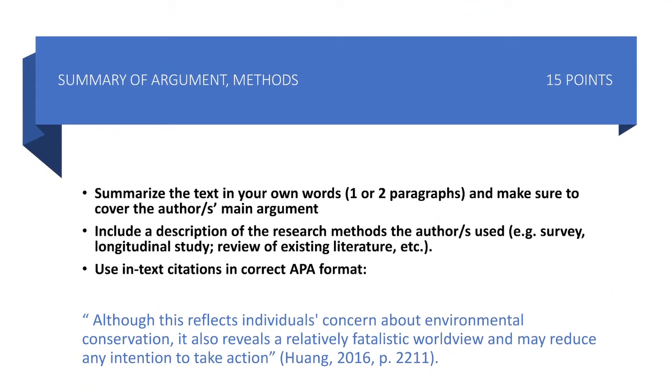Next section of the assignment, worth 15 points, summary of argument and methods. So it says summarize the text in your own words, just 1 or 2 paragraphs. Make sure to cover the author's main argument. Main argument. Let me repeat that.